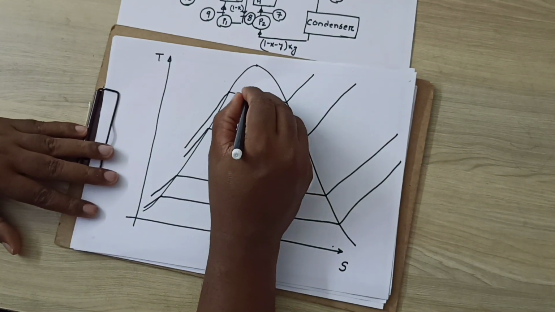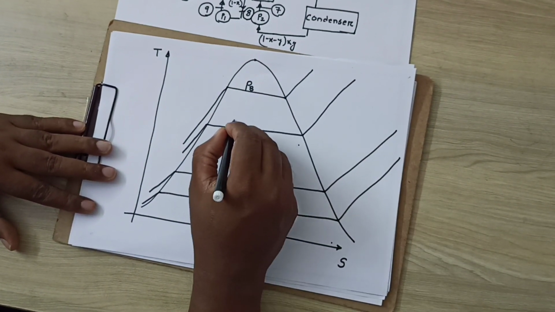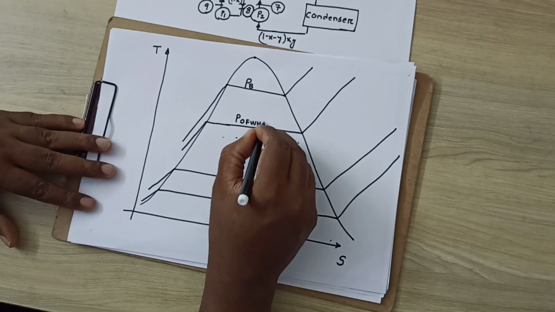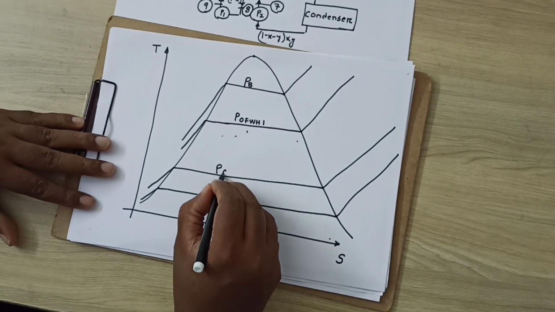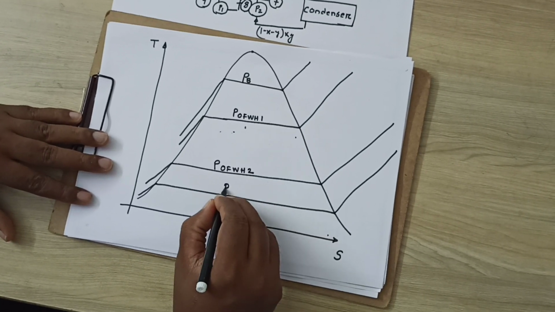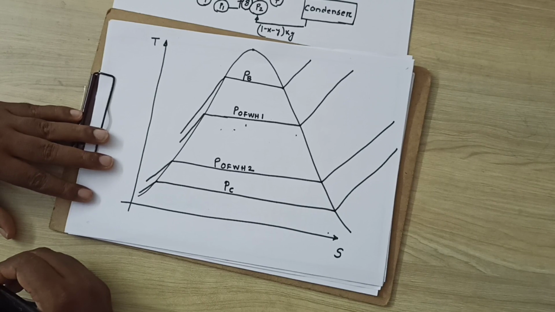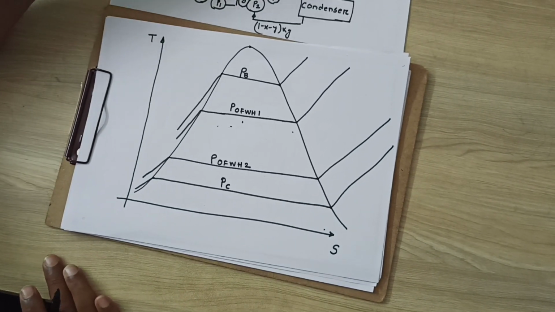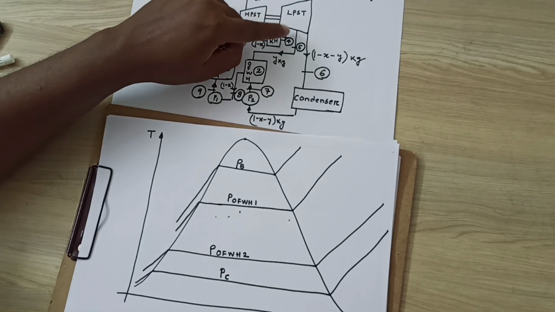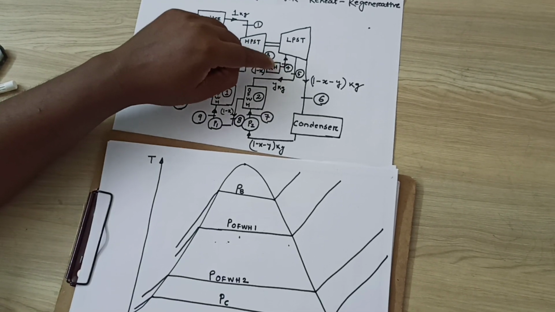So here we will write it: boiler pressure P, OFWH1 P, OFWH2 P, condenser P, and in between OFWH1 and OFWH2 there will be another, the reheating pressure.